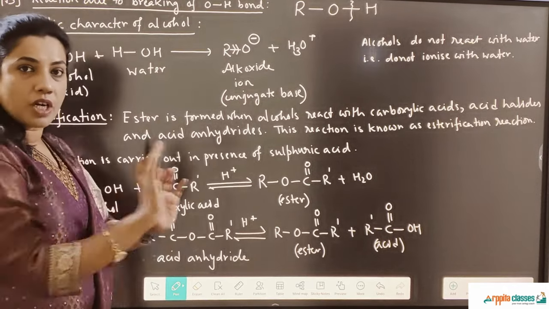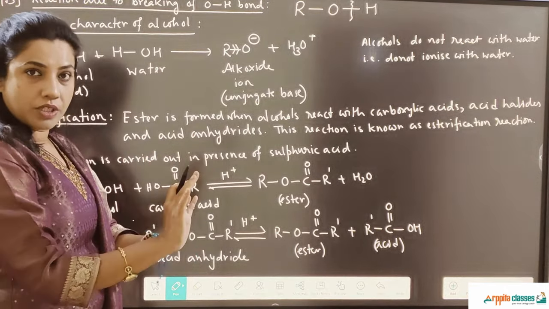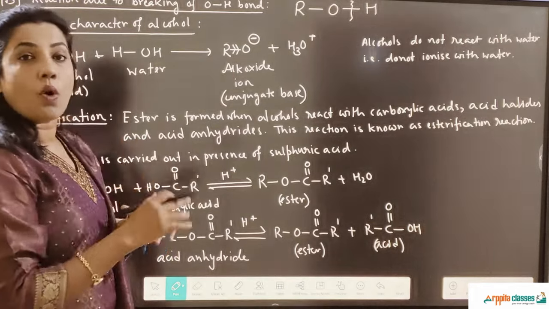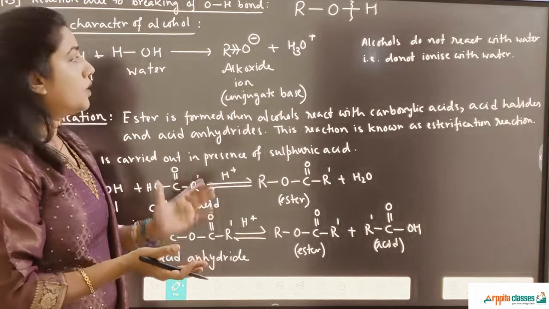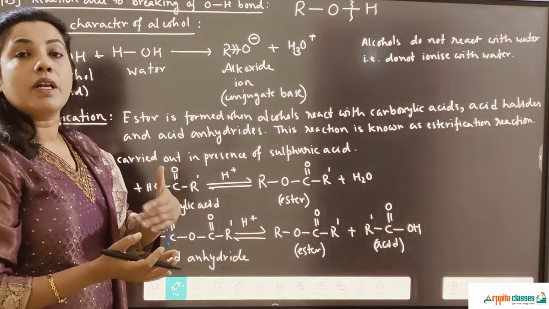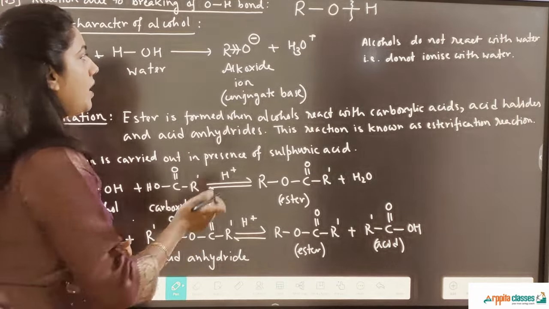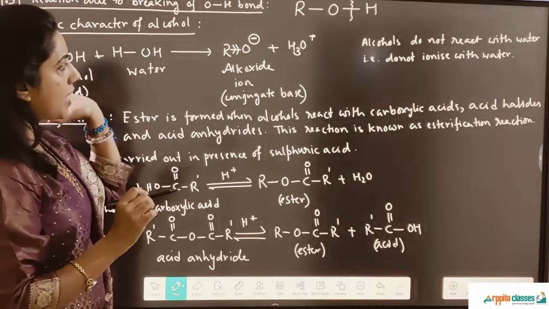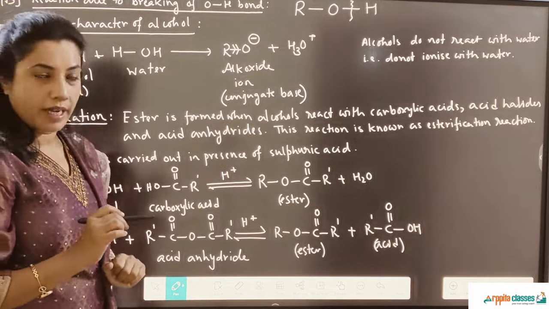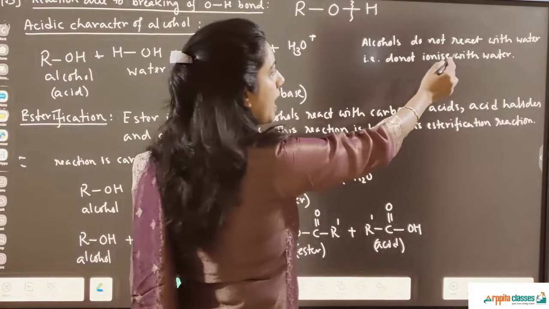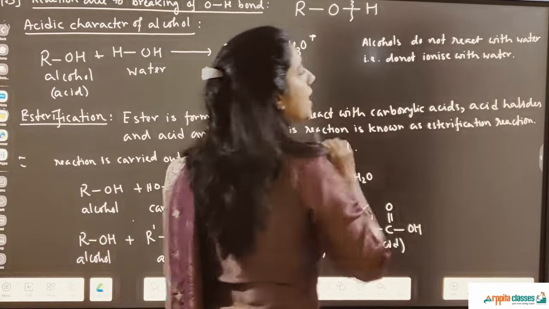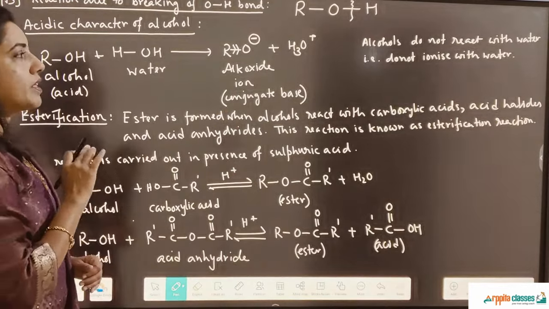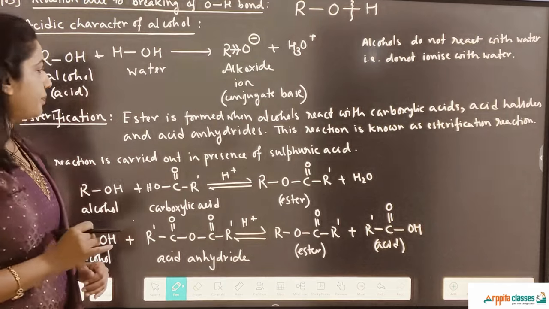That means it is pushing electrons onto oxygen. So the electron density on oxygen will be increasing, which will lead to instability. So this conjugate base is not stable. That means this reaction will not go in the forward direction. So alcohols do not react with water, that is, do not ionize with water. That means it is not showing the acidic character.